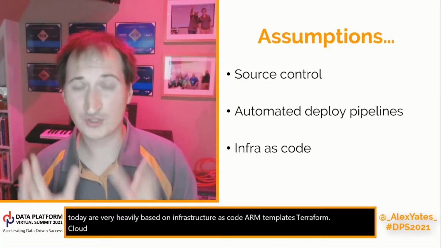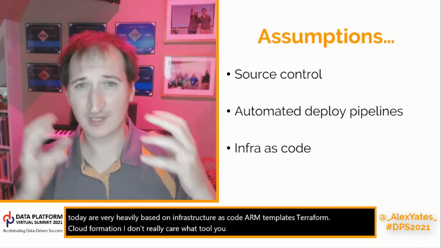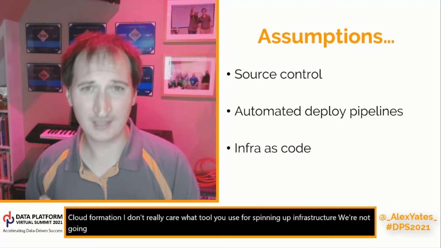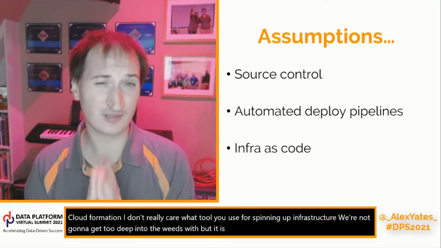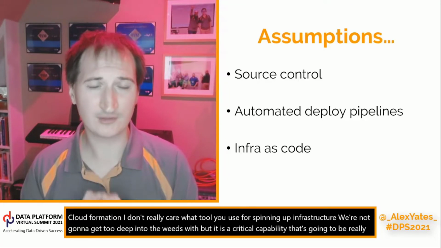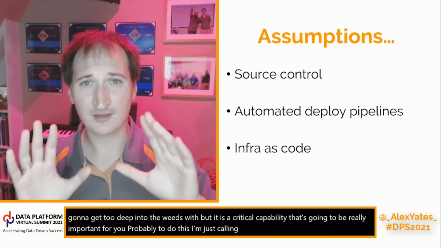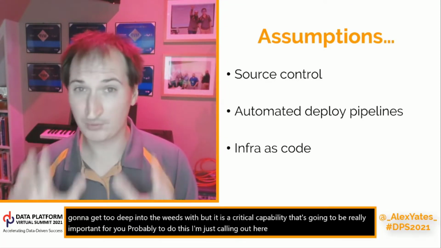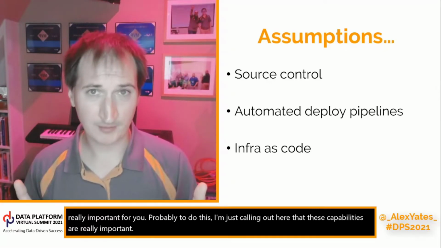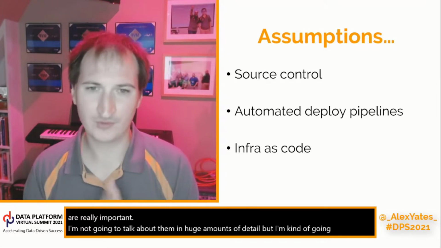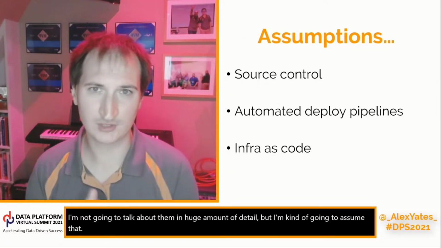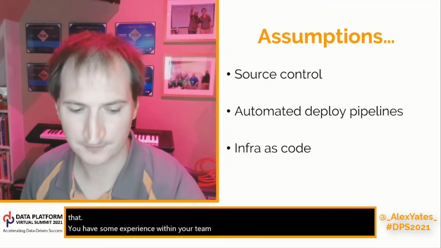I don't really care what tool you use for spinning up infrastructure. We're not going to get too deep into the weeds with that, but it is a critical capability that's going to be really important for you to do this. So I'm just calling out that these capabilities are really important. I'm not going to talk about them in a huge amount of detail, but I'm going to assume that you have some experience within your team with those things.